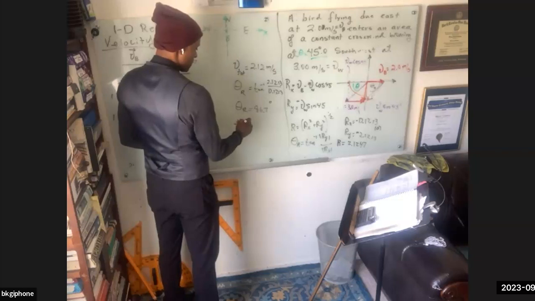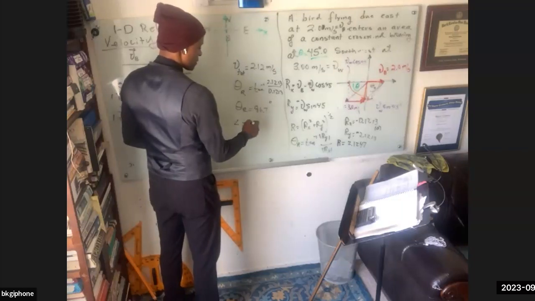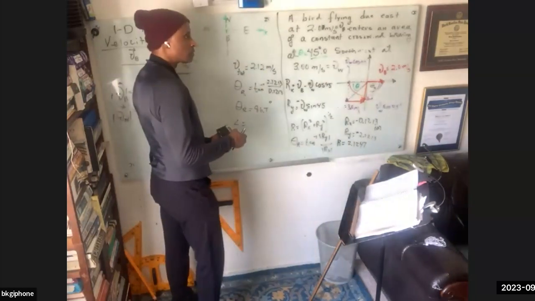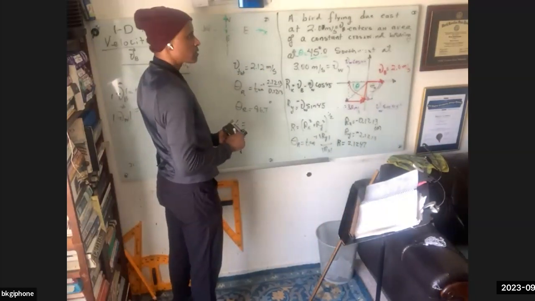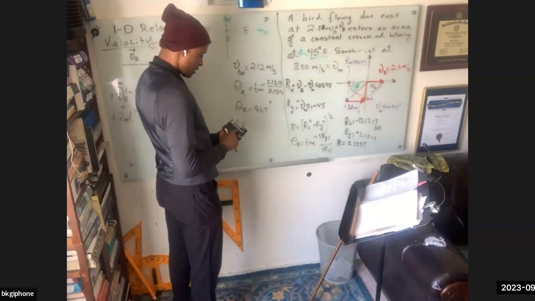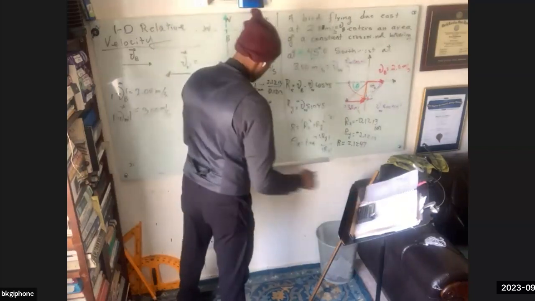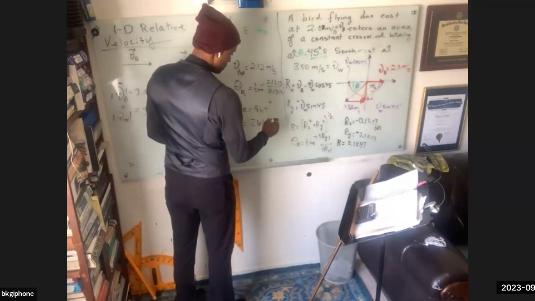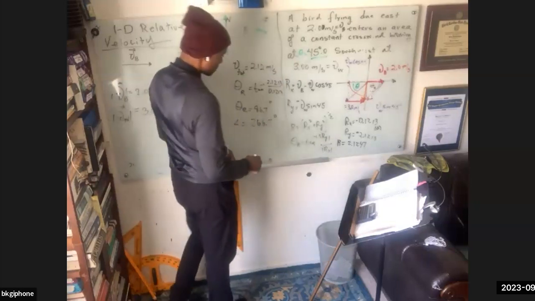This angle is going to be 180 plus 86.7, so the total angle then would be 266.7 degrees, approximately 267 degrees.